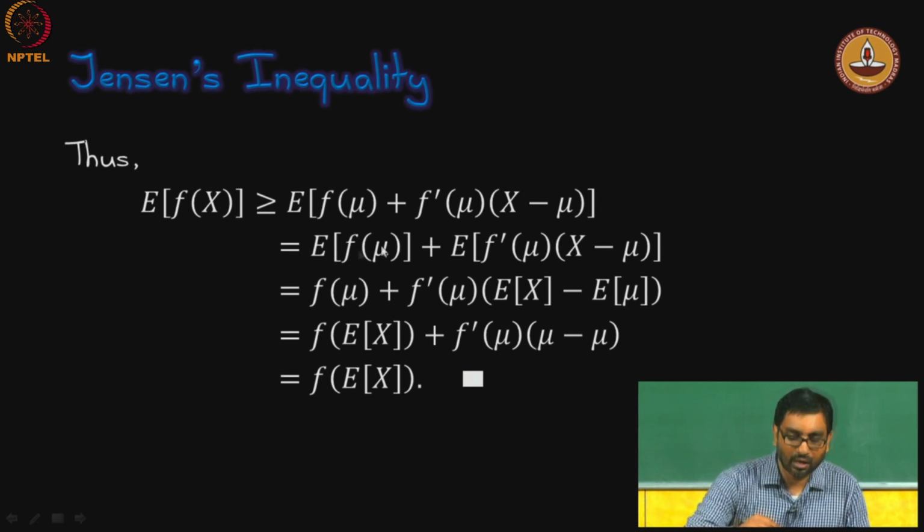We are taking expectation of f of mu, which is again just f of mu, because f of mu is just a constant or scalar value, but mu is essentially E of x. And here you of course have this mu minus mu. So, this term cancels out, you are left with f of E of x. So, this establishes Jensen's inequality.